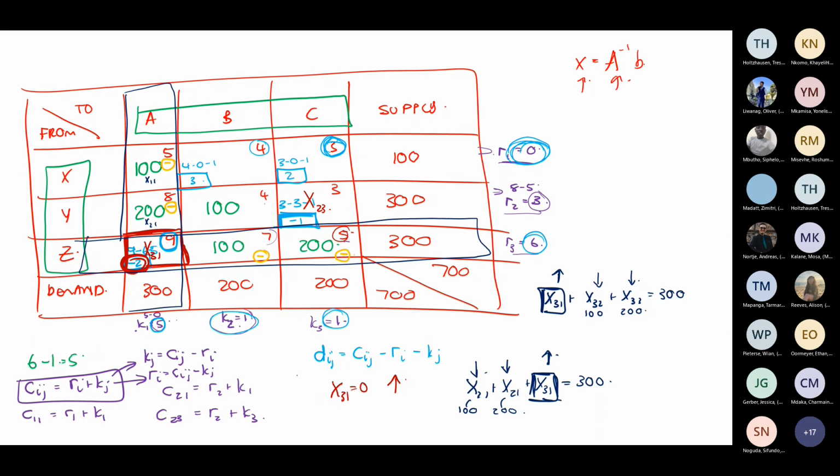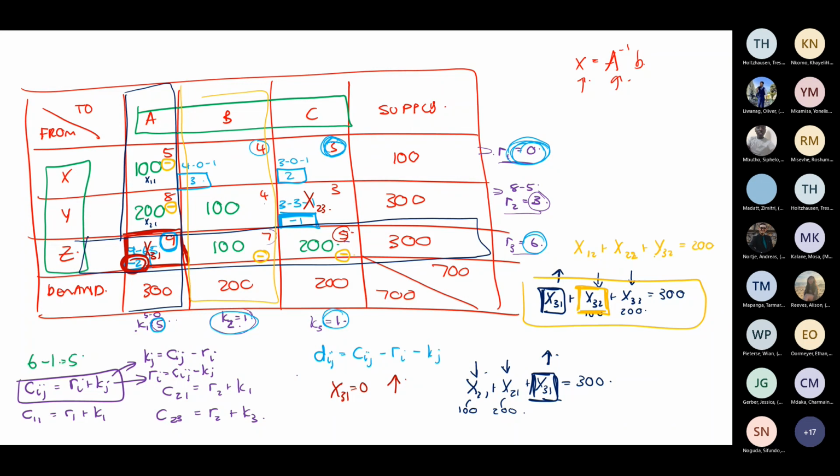But we're left with the situation that the moment we decrease x32, let's use x32 as an example, it's going to mess up wherever x32 features, which means there is one additional constraint. x32 features in that constraint, but it also features down there. So we'll have a situation of x12 plus x22 plus x32 is equal to 200.